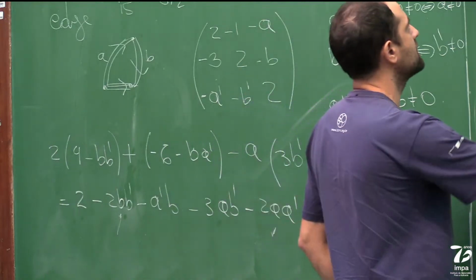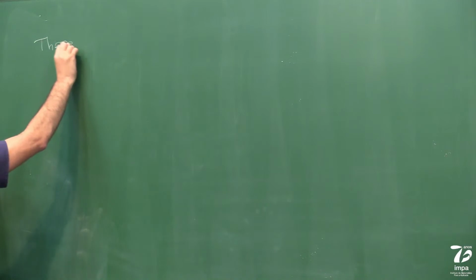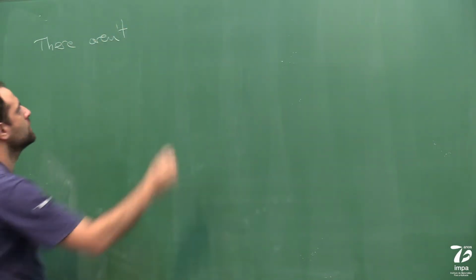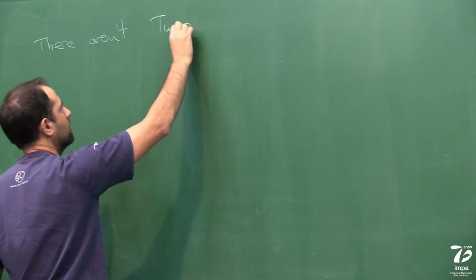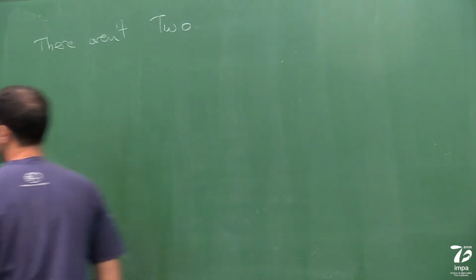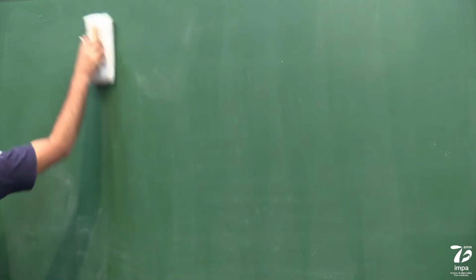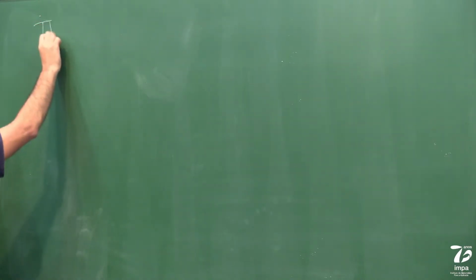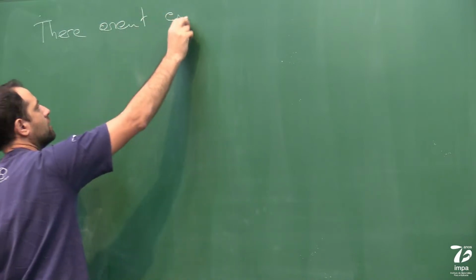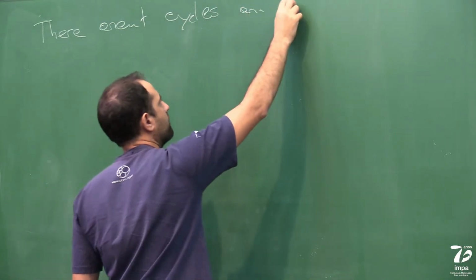So the next step is to say that there aren't cycles on a Dynkin diagram.